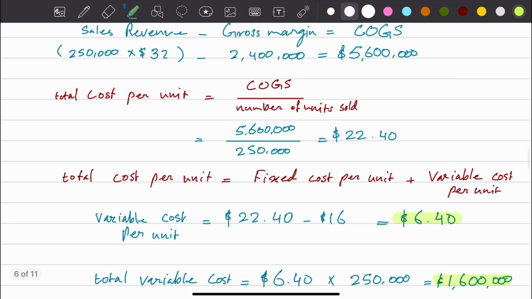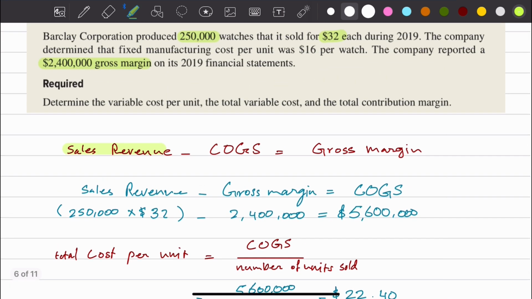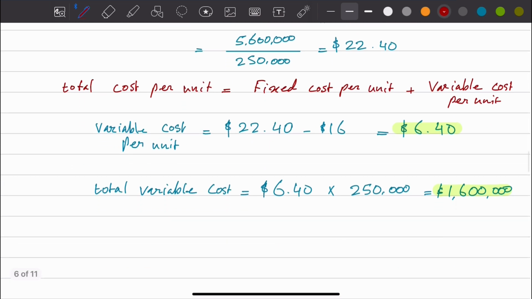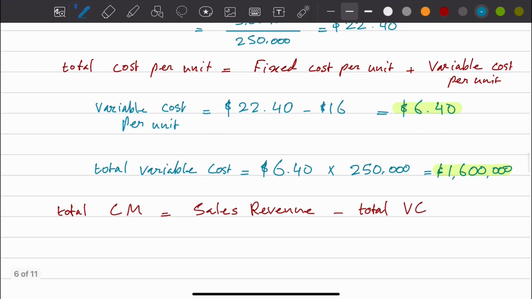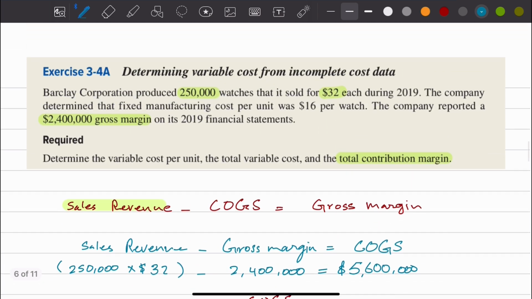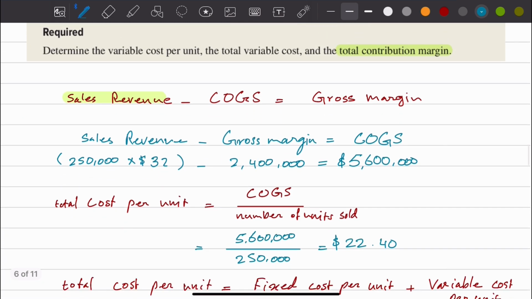Now, the question also wanted us to find the total contribution margin. So the total contribution margin, let's write down the formula here. Total contribution margin is going to equal the sales revenue minus the total variable cost. The sales revenue, we found it right here in the first question. We didn't write it down, so let me calculate it again.